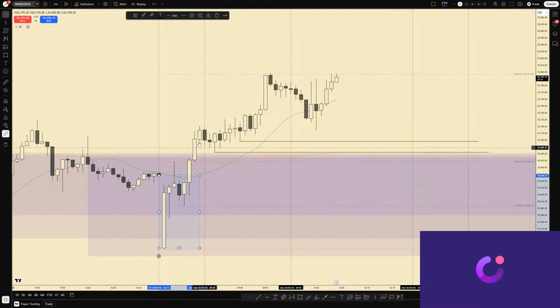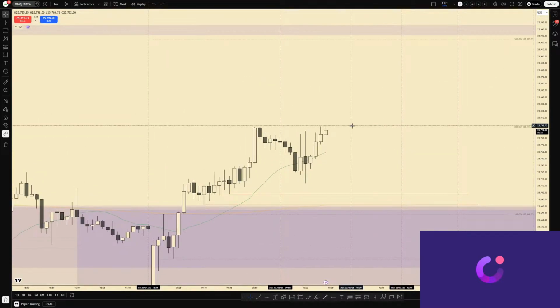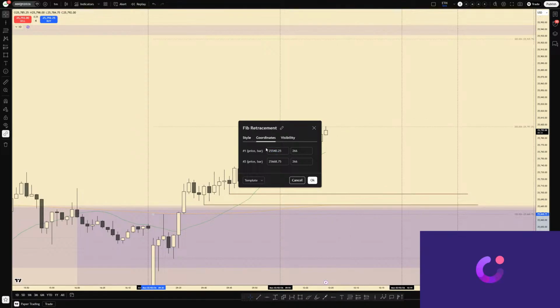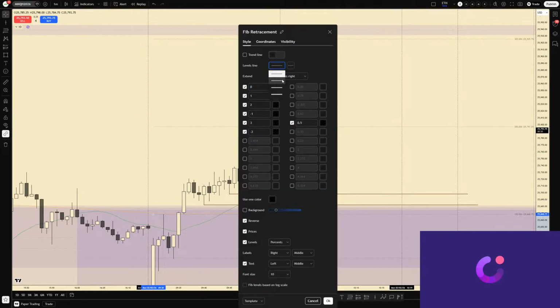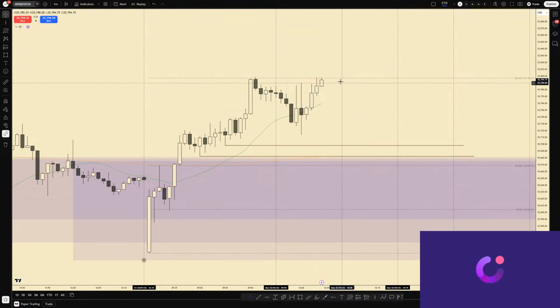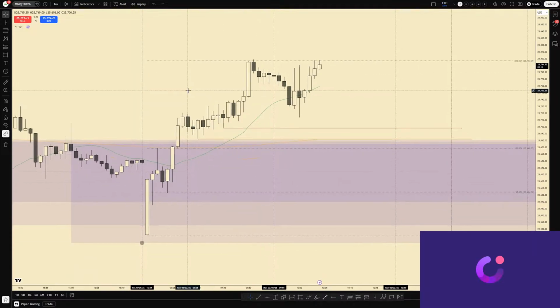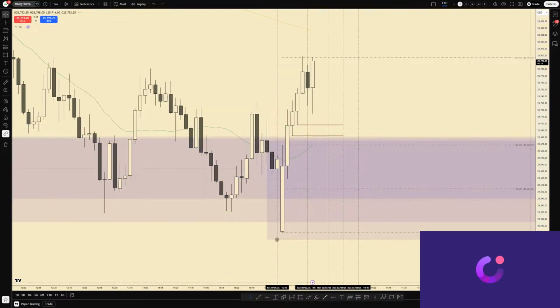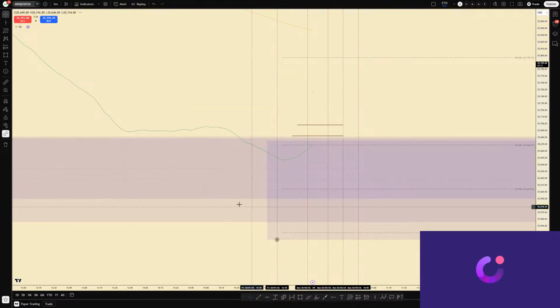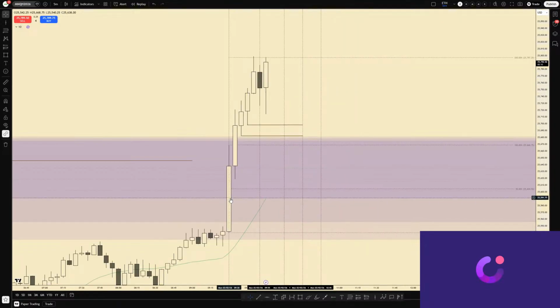Then price came to this deviation level. Remember this line, we drew a Fibonacci on the first 5-minute candlestick, 9:30 and 9:35.